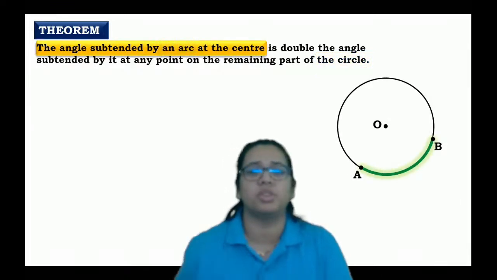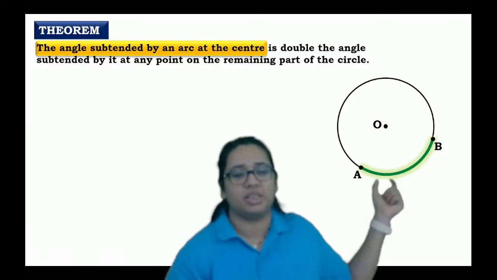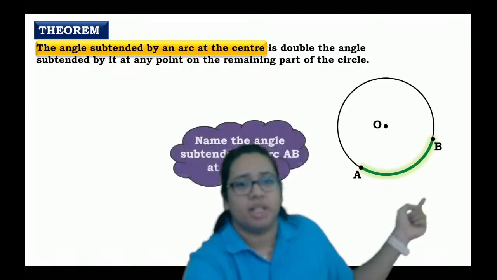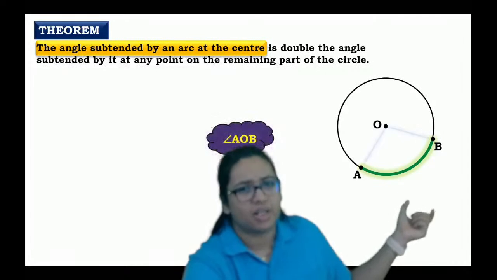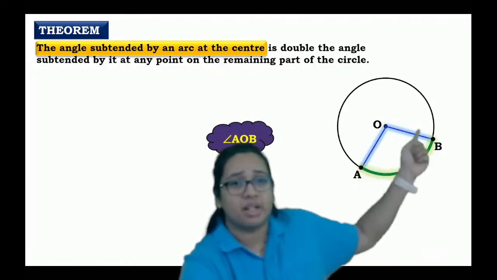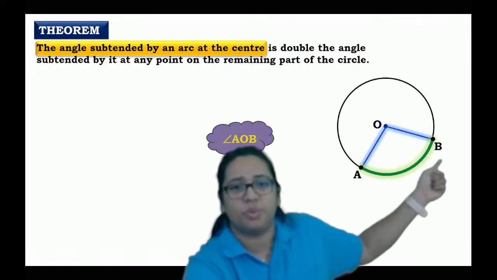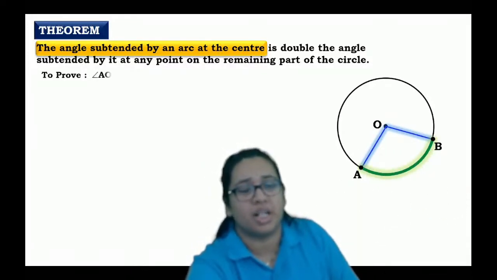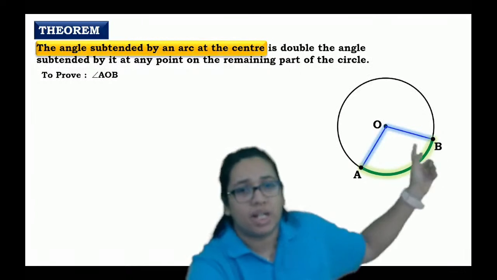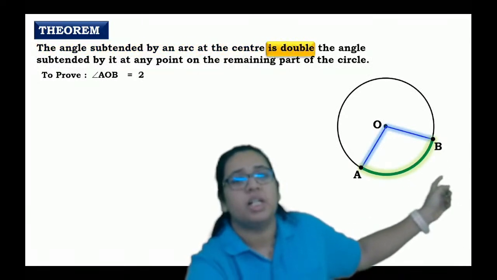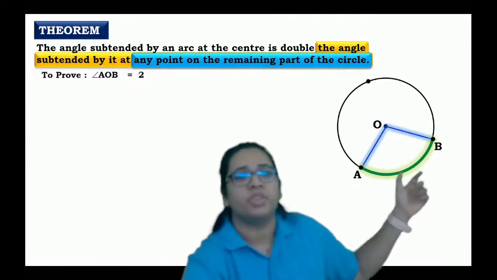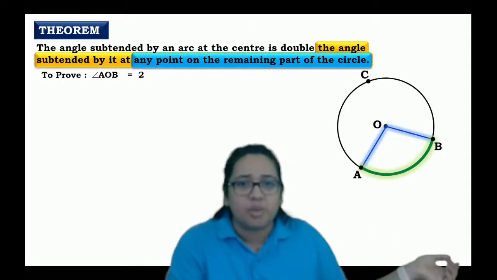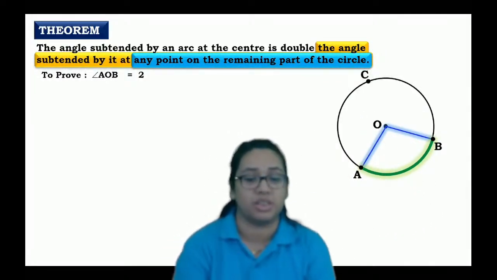Suppose here AB is an arc. So the central angle is AOB. Just consider this angle. Next, we have to prove that AOB is twice the angle subtended by any point on the remaining part of the circle.